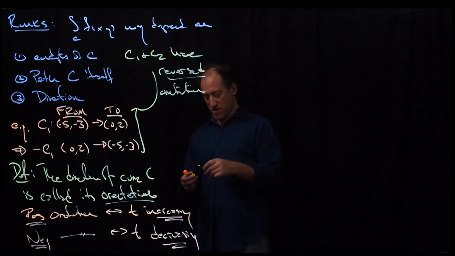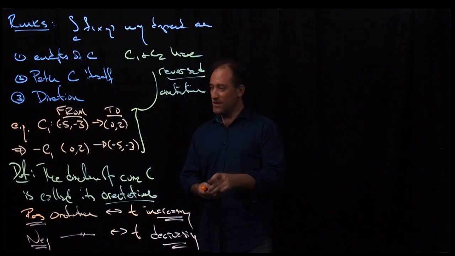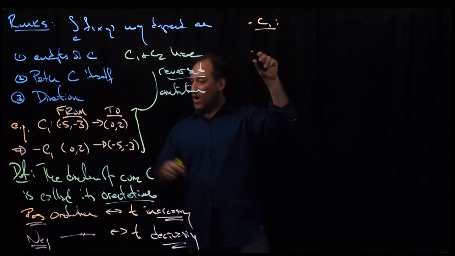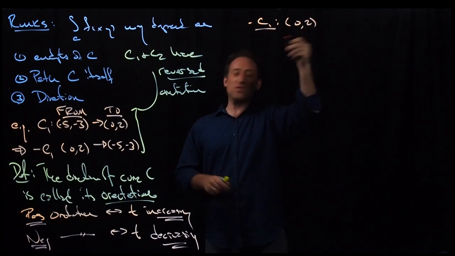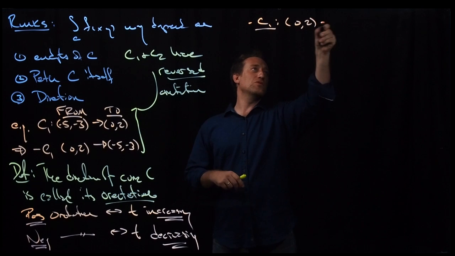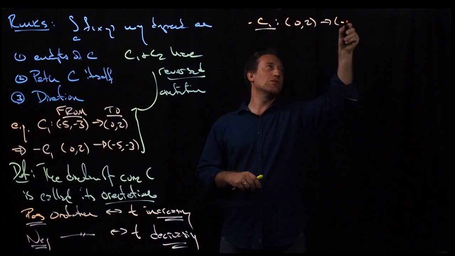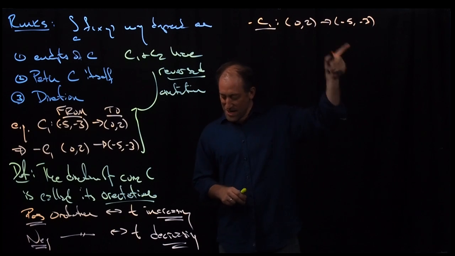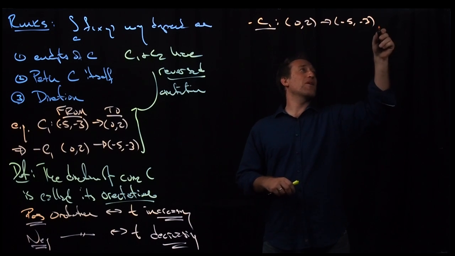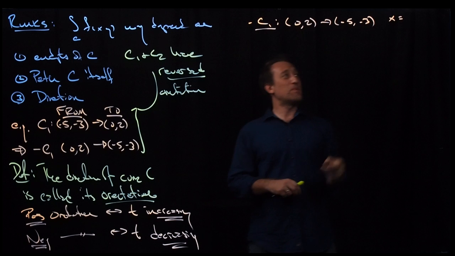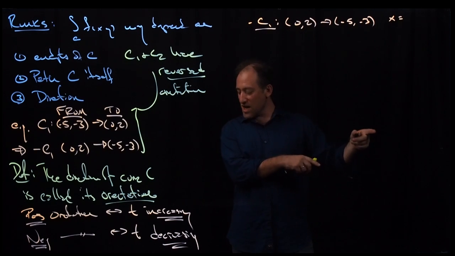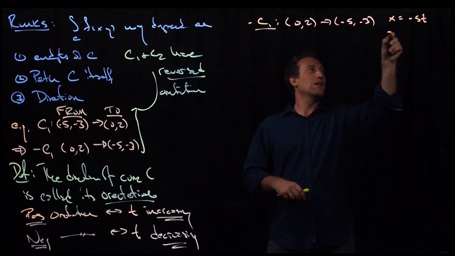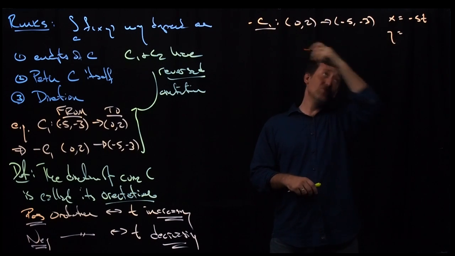Let me consider this example of negative C1. Negative C1 goes from (0, 2) back to (-5, -3). This will have a parametric representation. Here I'll just cut right to the chase: x is -5t, and y will be 2 - 5t.